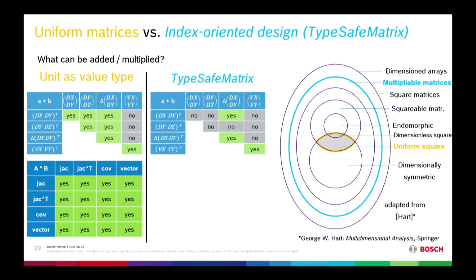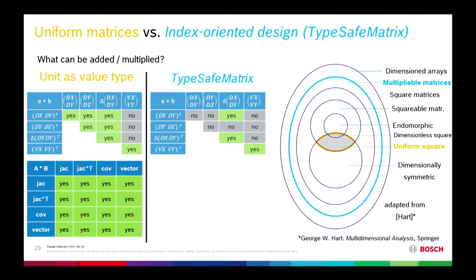Of course, the dimensions of the matrices still have to match up, but other than that, there's no additional check, so all of these operations are valid. You could multiply 2 covariances together, or 2 vectors if the dimensions match up, so you would probably have to transpose 1 vector, but all of that is possible.